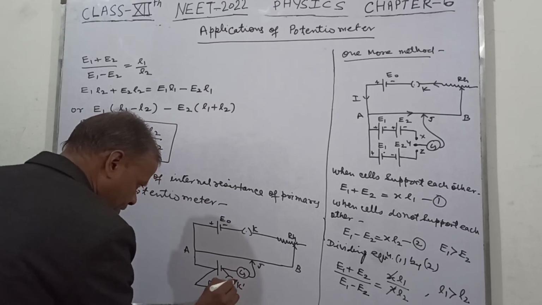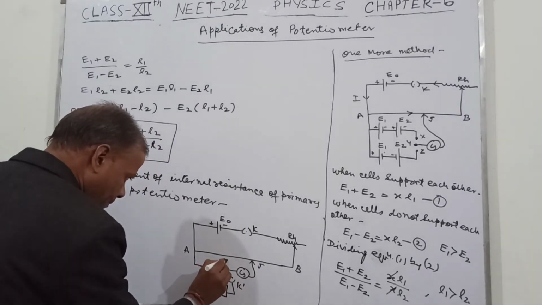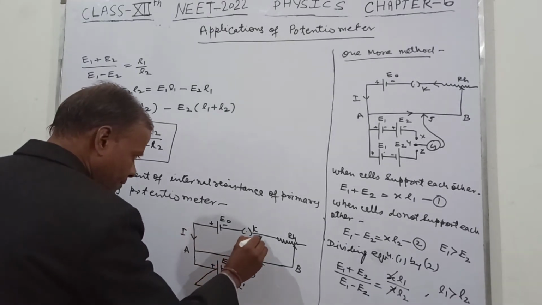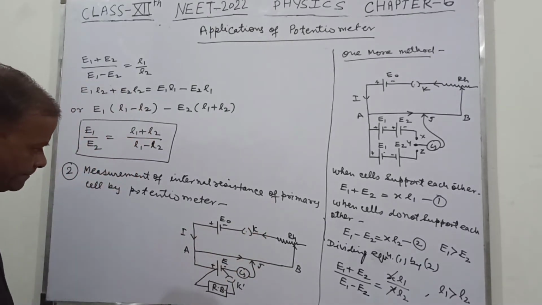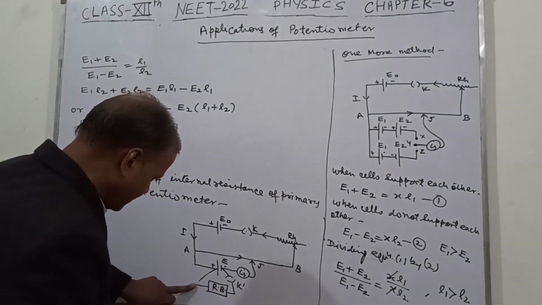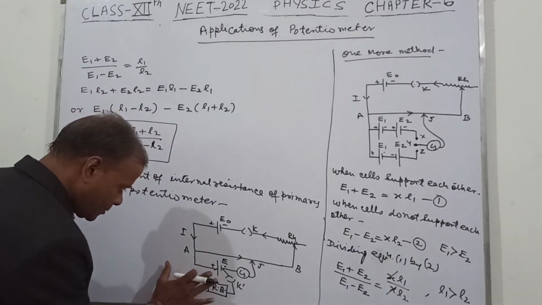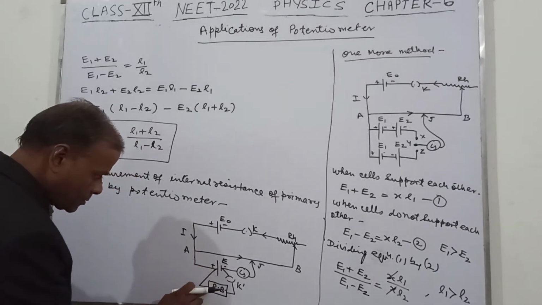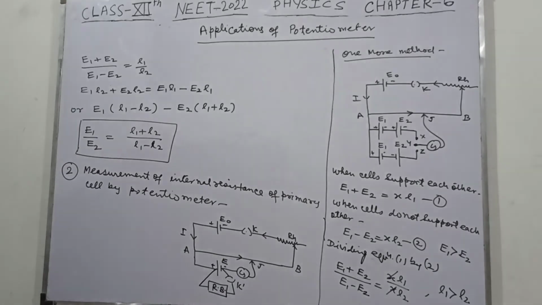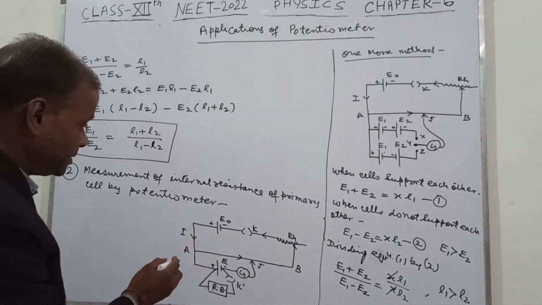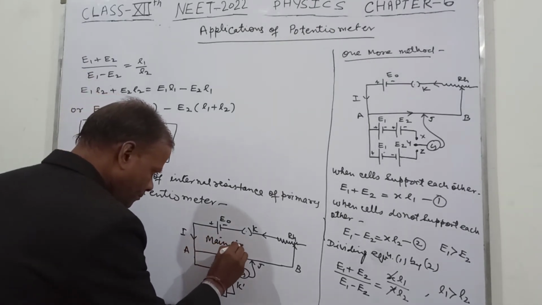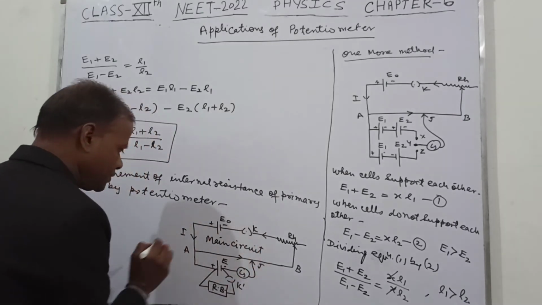This is now key K dash, E. This is the current I that goes here. So this is the circuit, this is the main circuit.